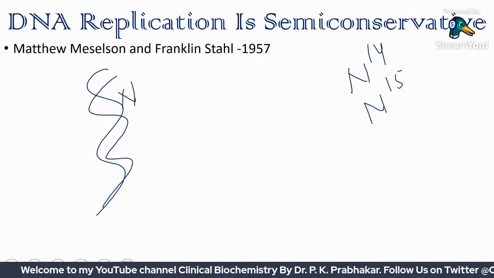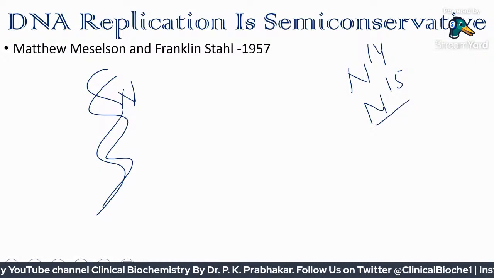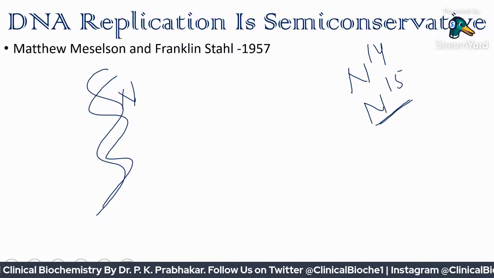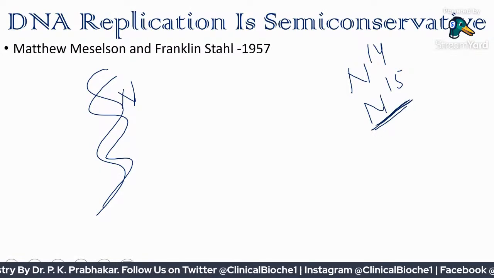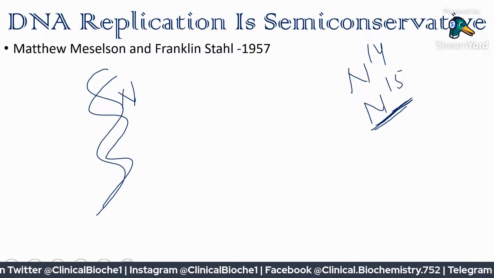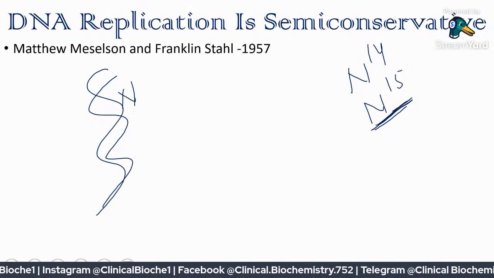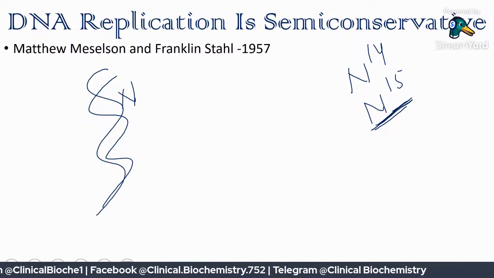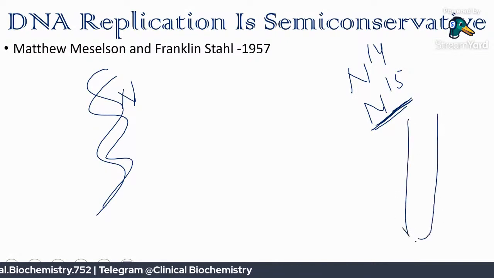Which one is heavier? N15 will be heavier, right? Yes, sir. It has higher molecular weight. So when we do centrifugation, that is CsCl, cesium chloride centrifugation, normally those things which are heavy will settle down here.